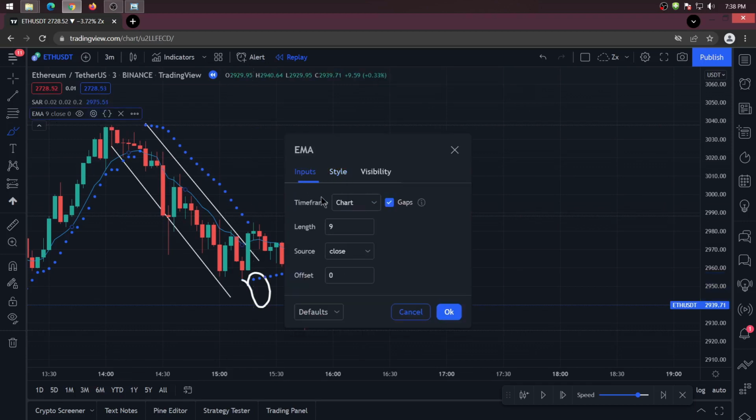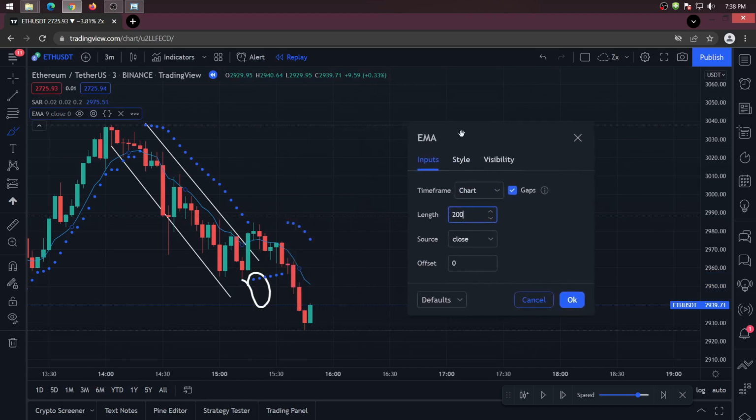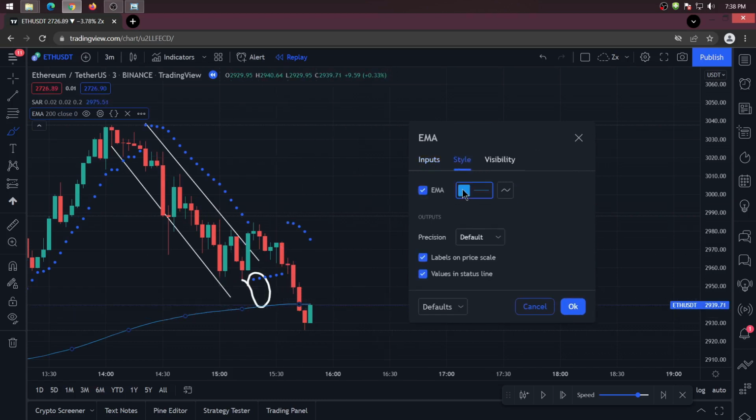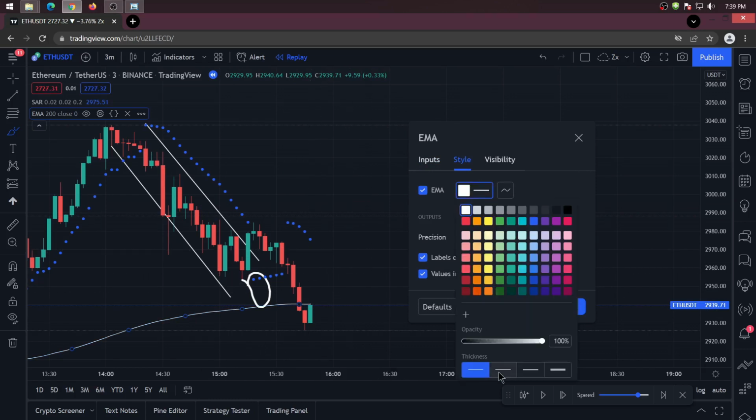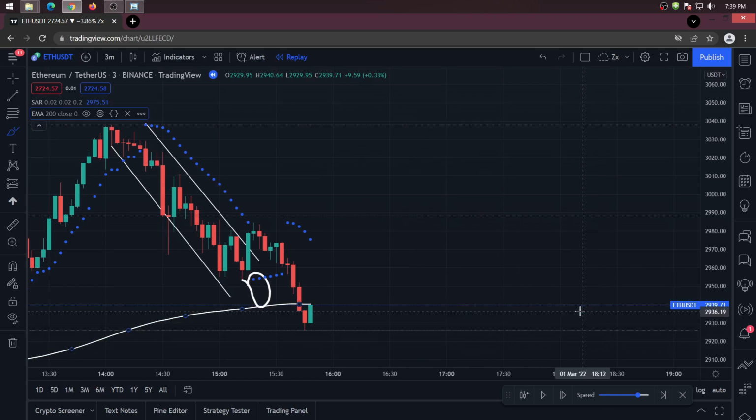I go to inputs and change the length to 200. Okay, now I change the style for more visibility. I go to style, change the color to white, and also change the thickness, and then OK to save.